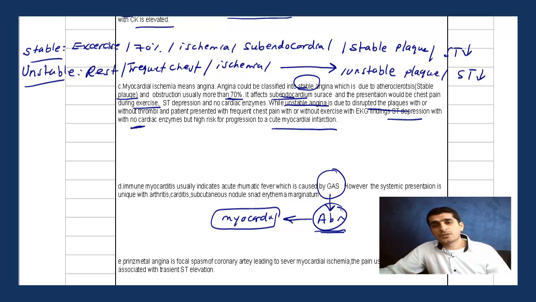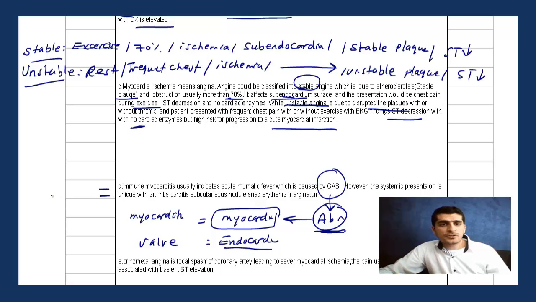The infection enhances the immune response, and the immune response will attack the myocardium and endocardium. If attacking the endocardium, you will have valvular problems. In the myocardium you will get carditis or myocarditis.